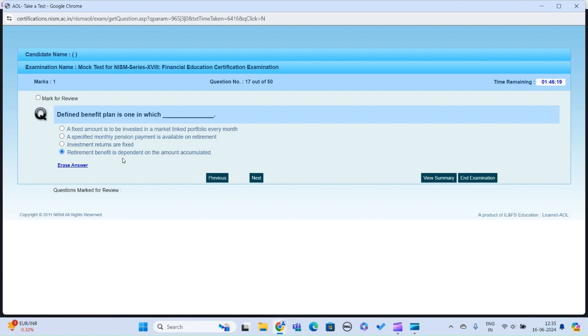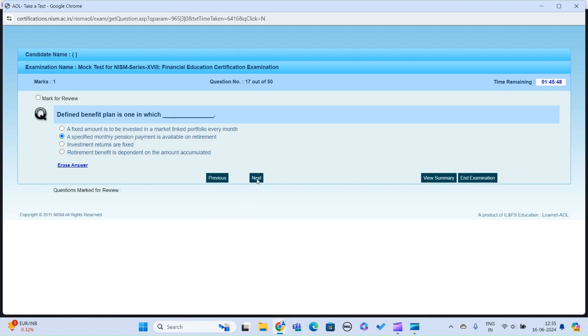So in a benefit plan, yes, how much is the amount accumulated? You can go with that, or it could be that the investment returns are fixed as well. Or a specified monthly pension payment is available on retirement. This is a little tricky question as well. Monthly pension payment available on retirement. So I'll go with the second one, available on retirement.